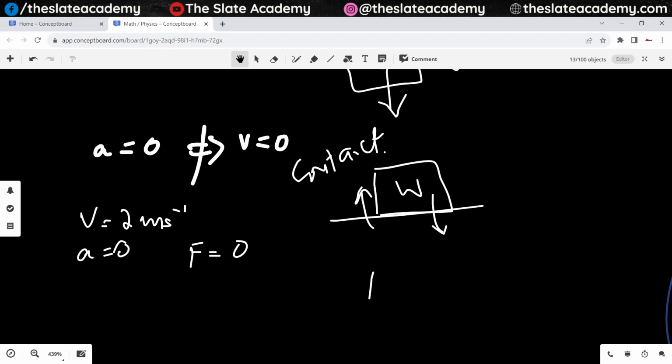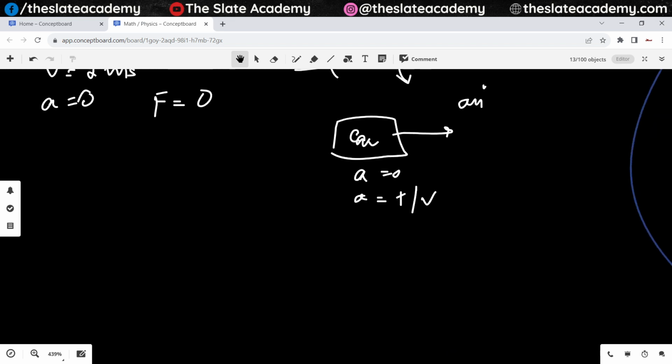Let's say this is a car and the car is moving forward, and now we have got air resistance as well. Okay, so if this car is moving forward, there are two possibilities: either acceleration is zero, or the other possibility is that acceleration has a certain positive or negative value.